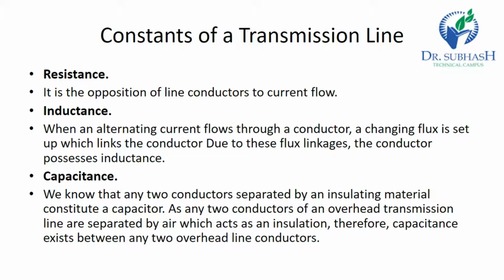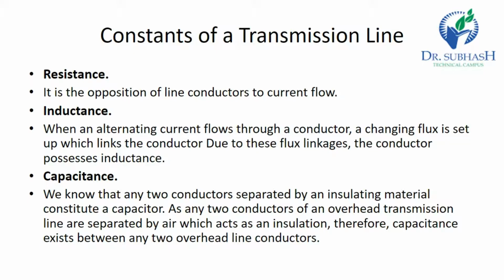The third one is capacitance. Now we know that any two conductors separated by an insulating material constitute a capacitor, and any two conductors of an overhead transmission line are separated by air which acts as an insulation. Therefore, capacitance exists between any two overhead line conductors.